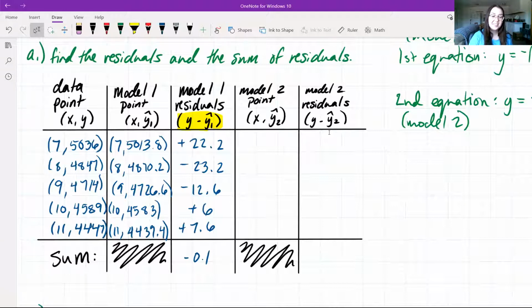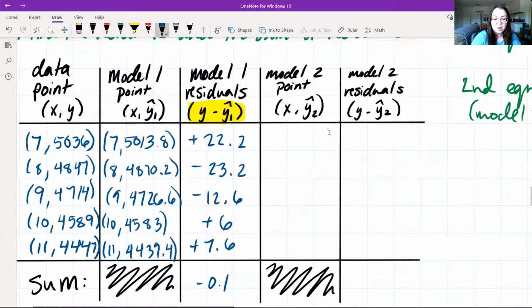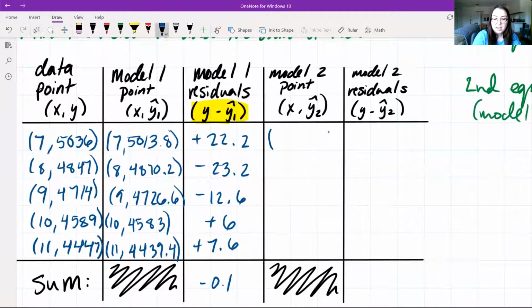And now we can fill them in. So we have our model 2 point here. We're going to have the same x value as before. So we have 7. And if you've done this on your own, you would find that we would have had 5,058.6. For our second year, for 2008, we would have 8 and 4,888.4.